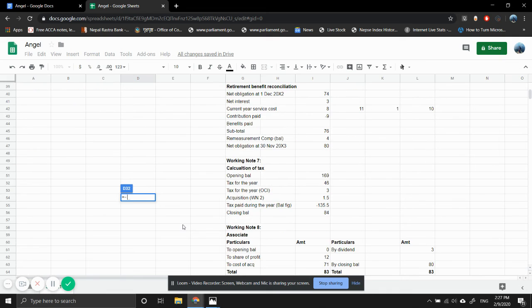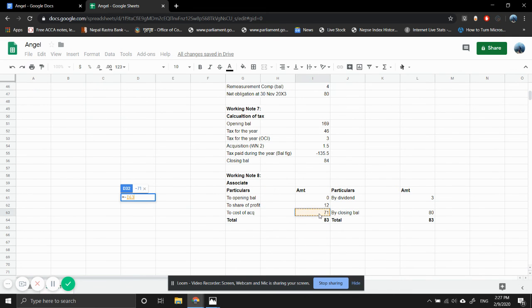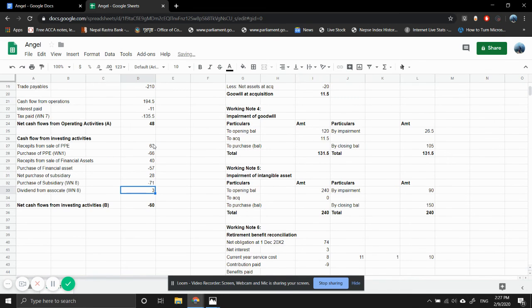This figure, okay, I have not linked it, that's why. Purchase of subsidiary is also minus, plus, okay.